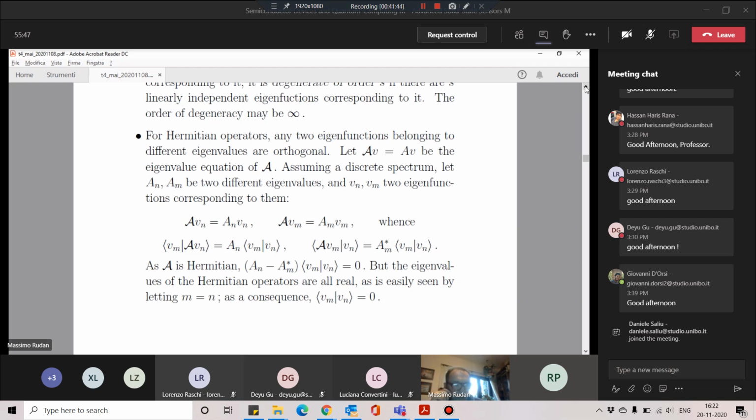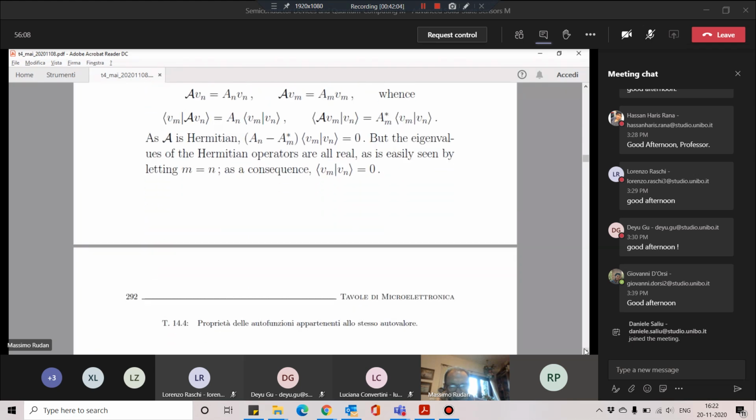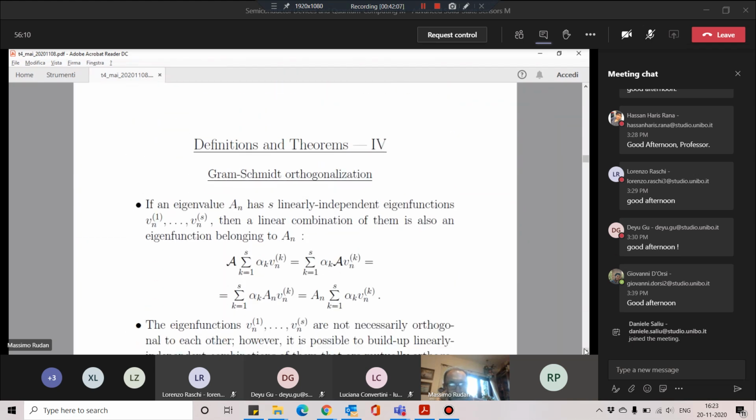So in conclusion, we may always state that all eigenfunctions of the Hermitian operators are mutually orthogonal regardless of being simple or degenerate. Okay? The name of the procedure for orthogonalizing is called the Gram-Schmidt orthogonalization. Okay, and it is very, very similar to that you can use in geometry using vectors.